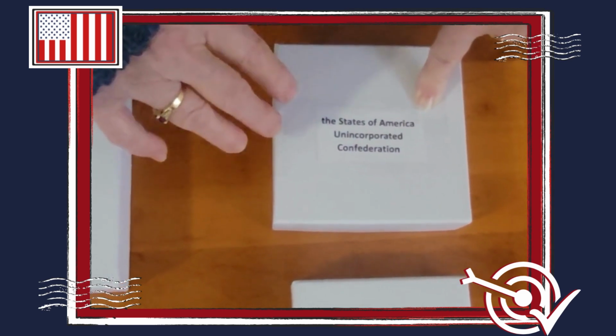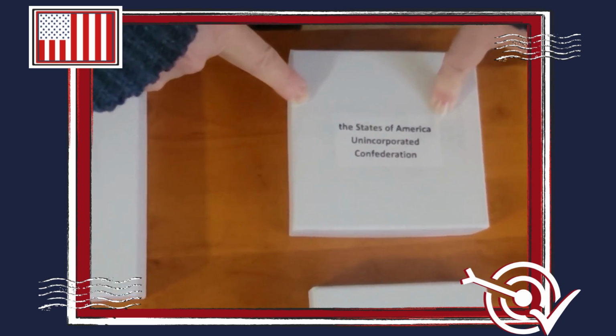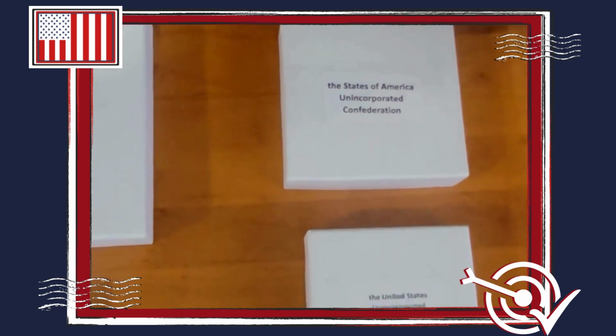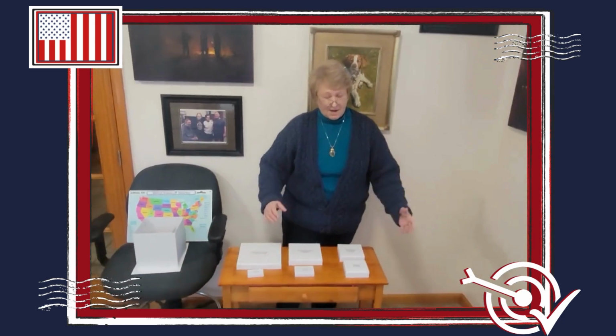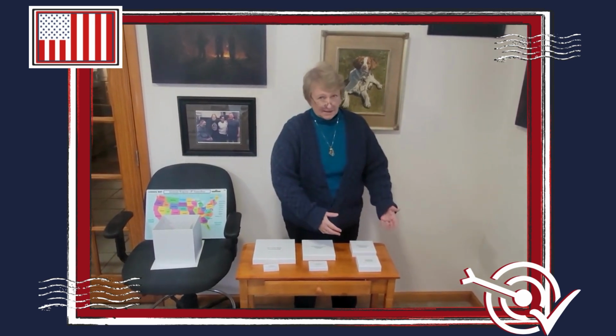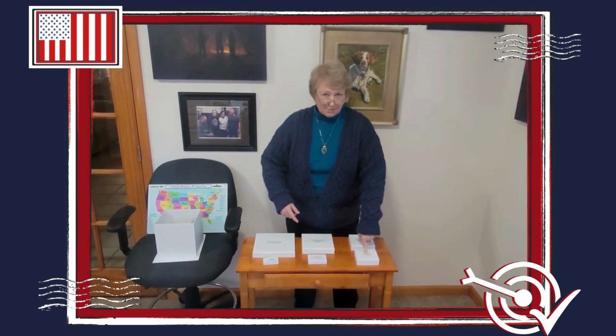The southern states of the Confederacy walked out. So there was no longer a quorum for the Confederation to operate. And if the Confederation couldn't operate, obviously their instrumentality, the Federal Republic, couldn't operate either.